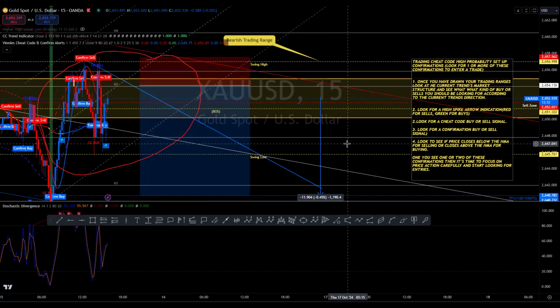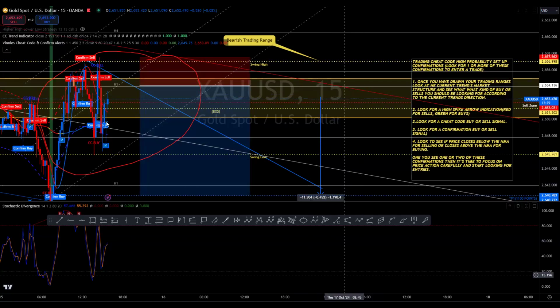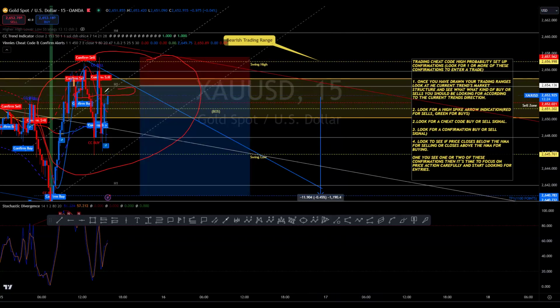So that's why I'm not taking any buys in that area. I think it's rejecting this structure right here, right around this area.